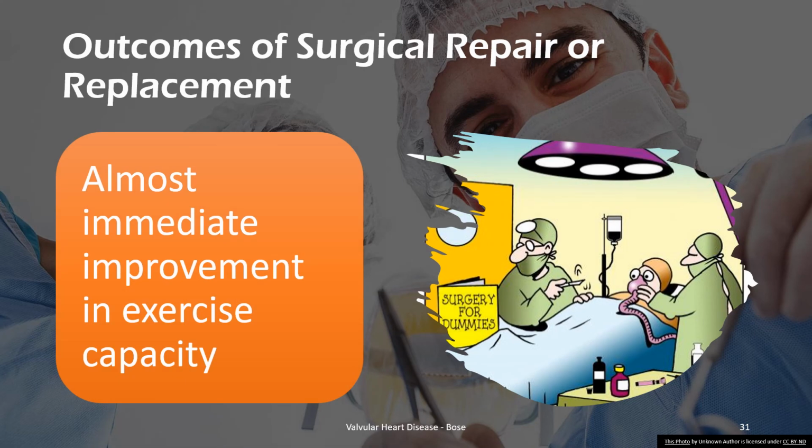Postoperatively, valve repair or replacement patients are unique in that their exercise capacity will see immediate improvements from their baseline. That is why it is almost immaterial if you do not have a pre surgical baseline. However, it never hurts to know the pre surgical baseline to understand how poor their functional capabilities were.